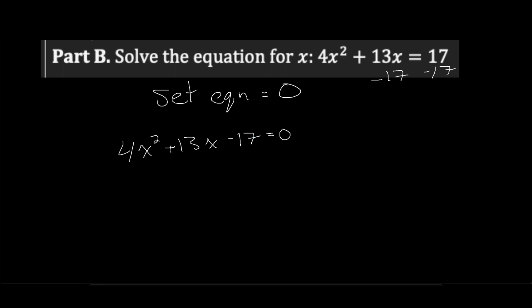And now I have that equation, so I can graph it out. And then notice since it is set equal to 0, I can say my x-intercepts are solutions.